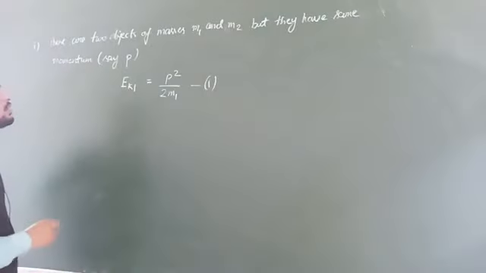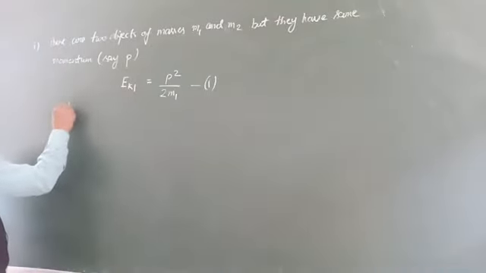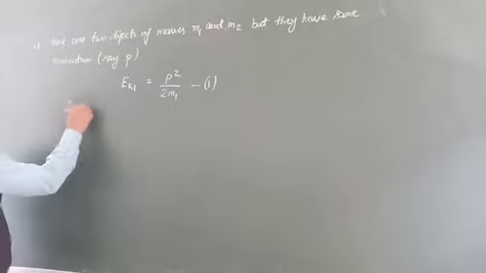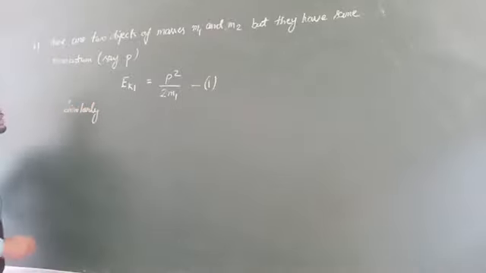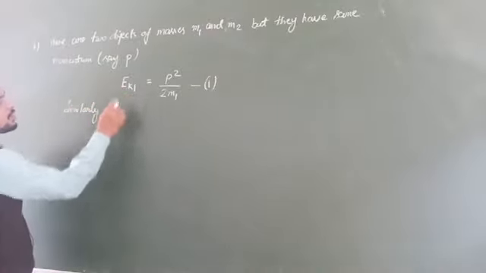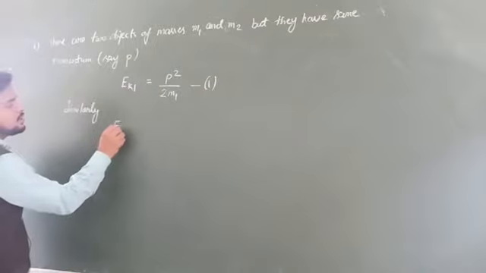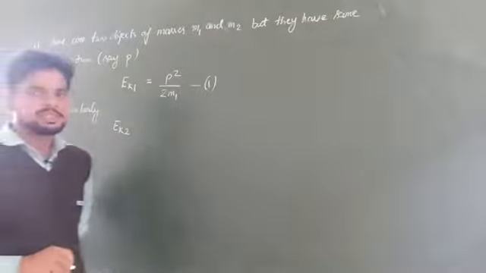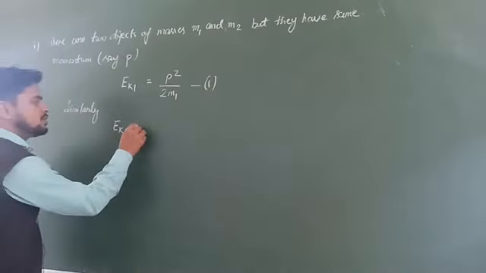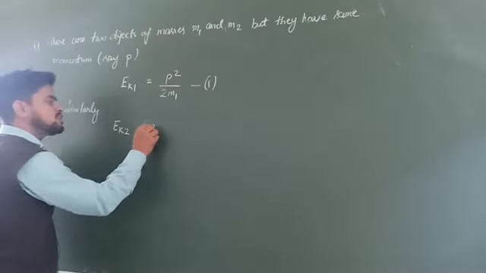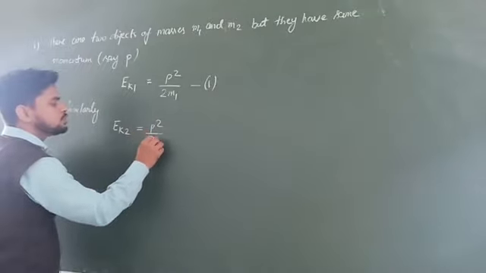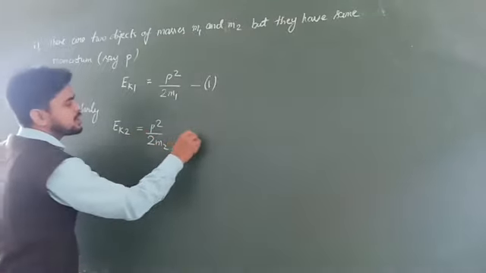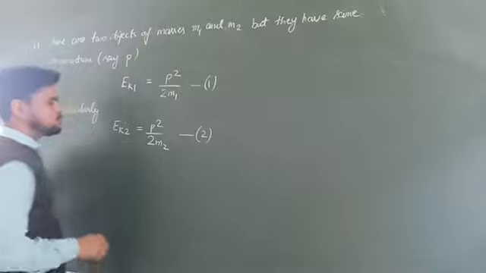In the same way, we can write the kinetic energy of the second object, Ek2, equals P square divided by 2m2. Let us say this is equation number 2.